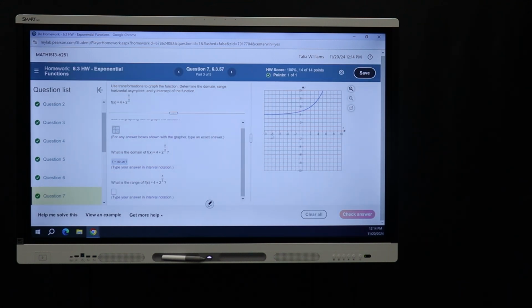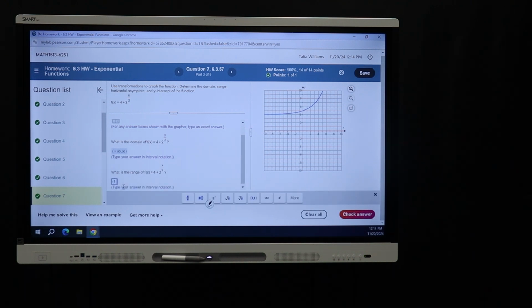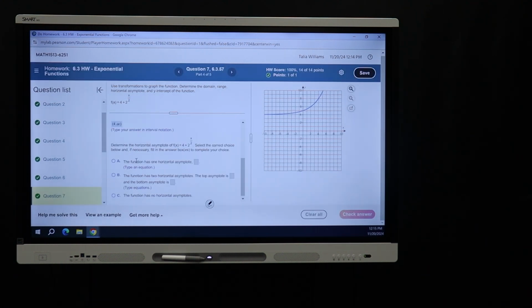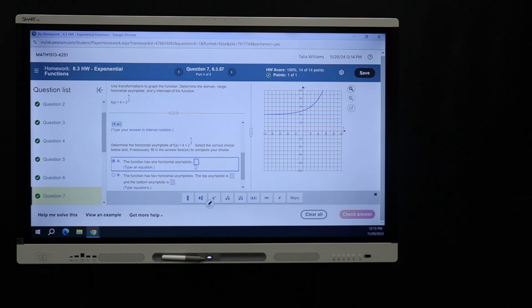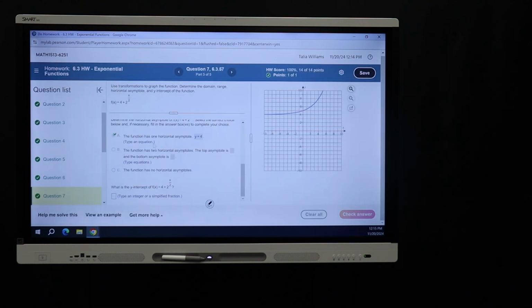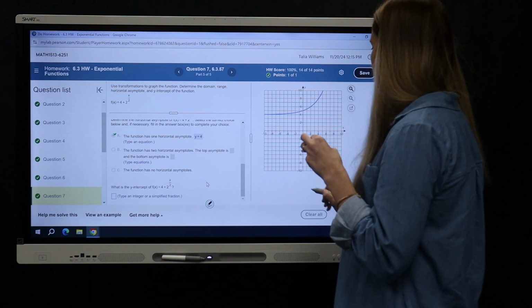Then our range, we've shifted our graph up 4, so it's going to be 4 to infinity, not 0 like the other ones. And then our horizontal asymptote is going to be at y equals 4 now because we moved our graph up 4.